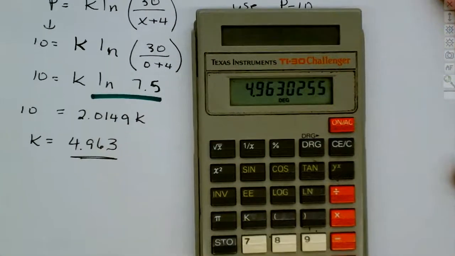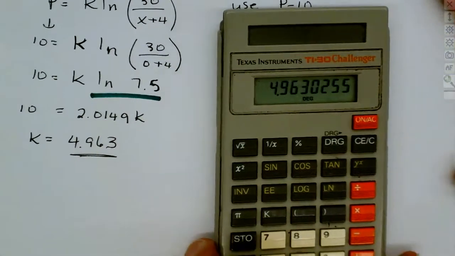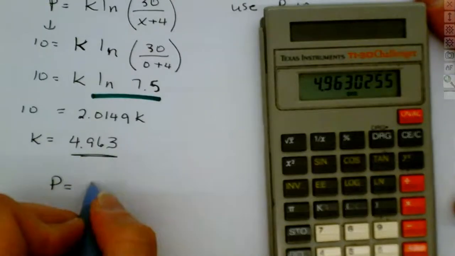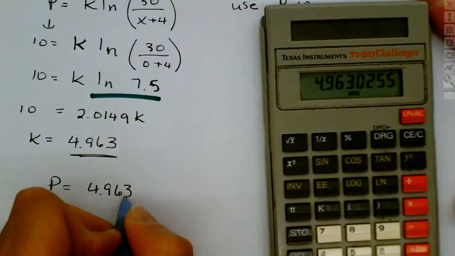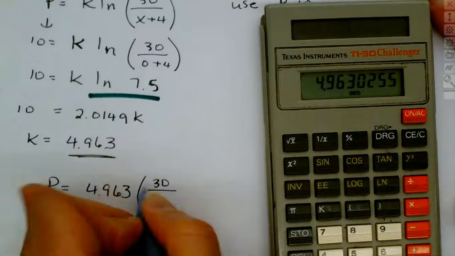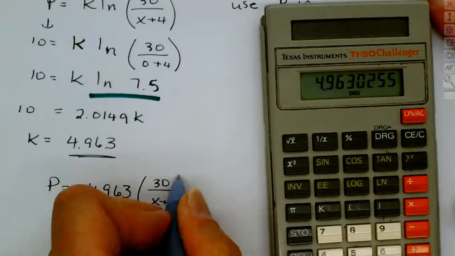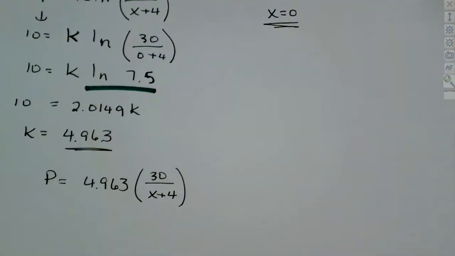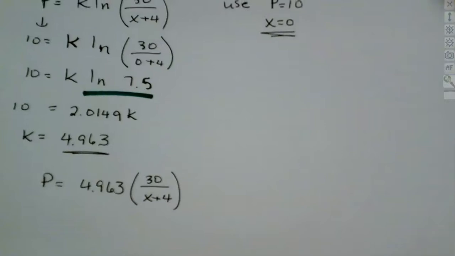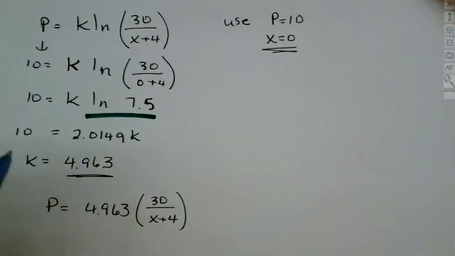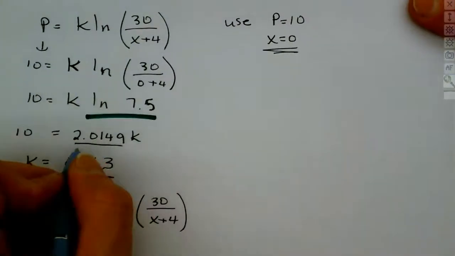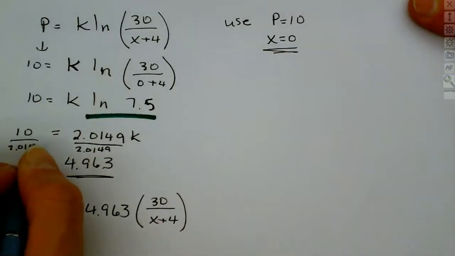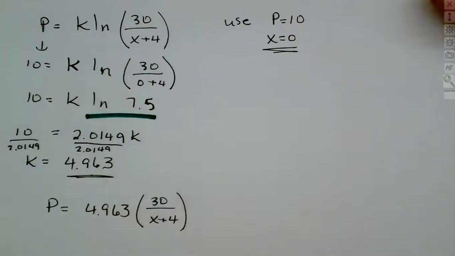We could go further out, but 3 places is usually more than enough. And what does our formula now become? P equals 4.963 times ln of 30 over x plus 4. So that's our formula.